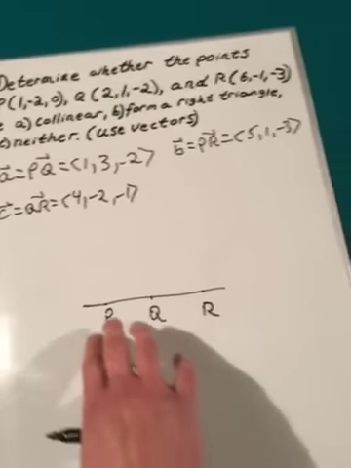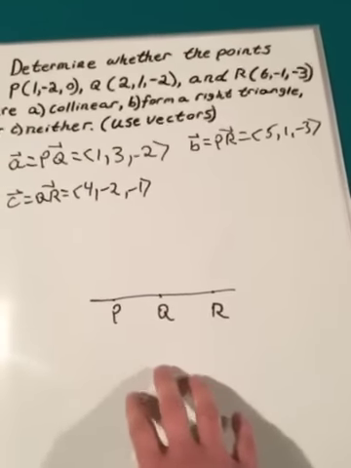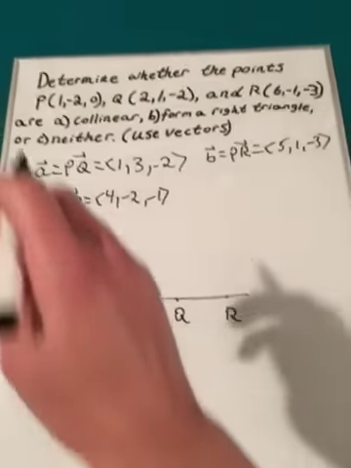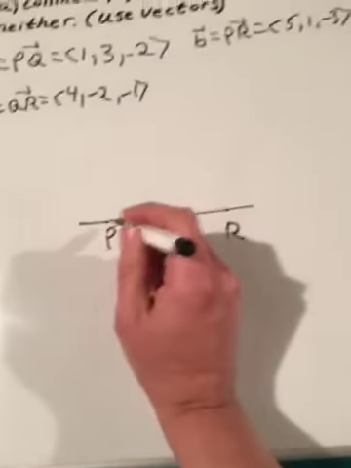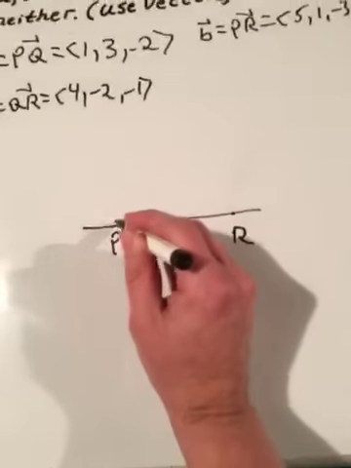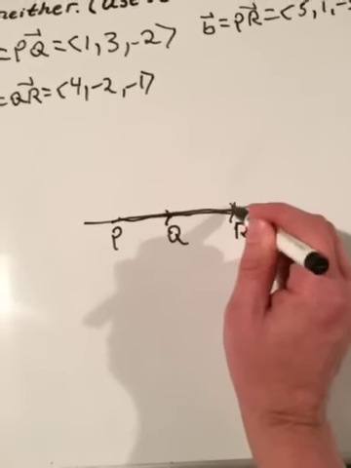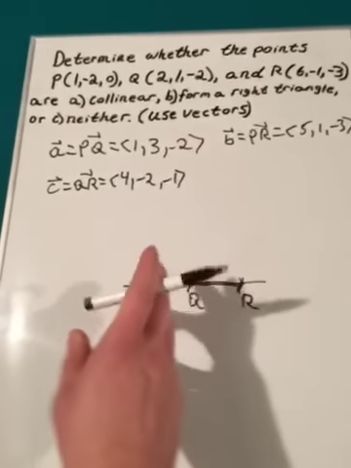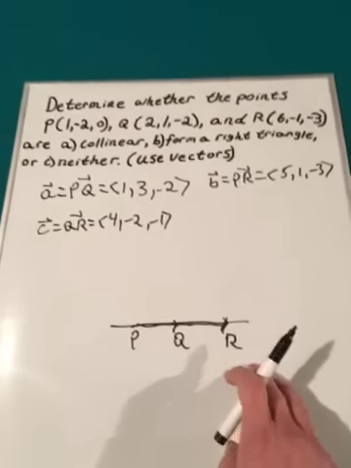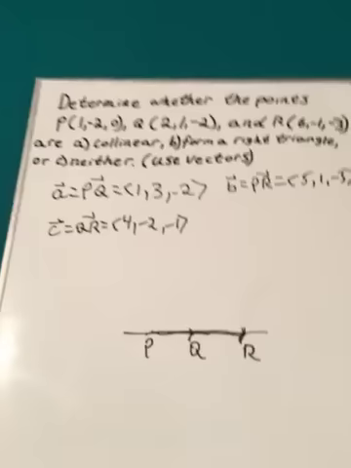So if these points all lie in the same line, what has to happen? Well, we have these vectors, right? We have a vector from P to Q. So there's our A vector. And then we have the PR, so this long vector here. And then we have QR, right? Well, notice, if the points all lie on the same line, then the vectors have to point in the same direction.